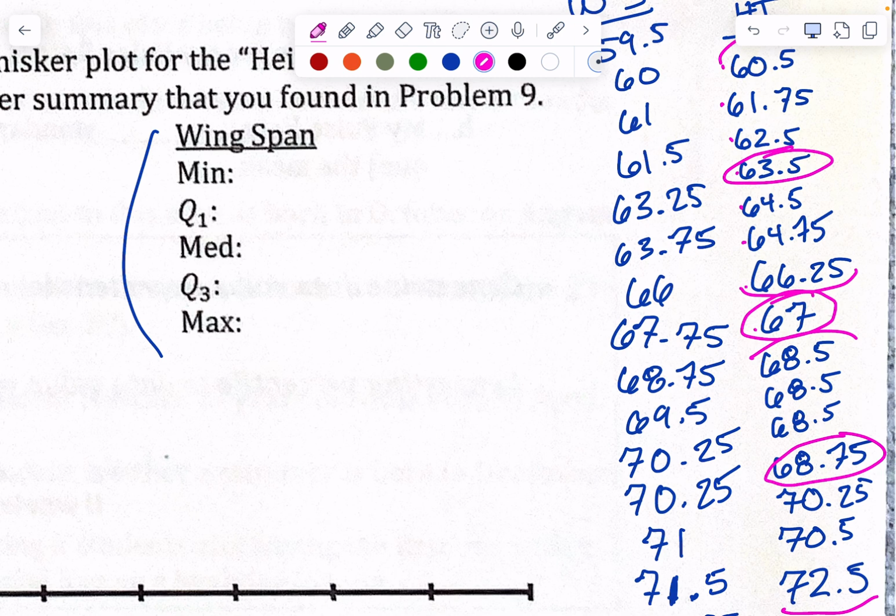Should be 15 numbers. You should have 7 numbers below and 7 numbers above. Yep. Wait, what's our mid-range? Top minus bottom? Your mid-range is the average of the top and the bottom.